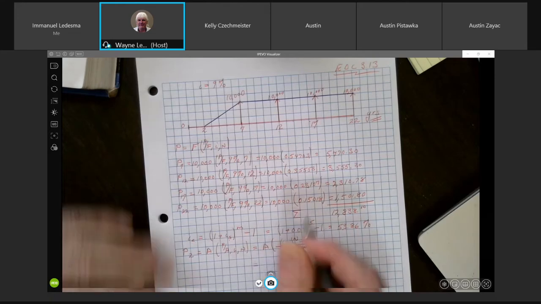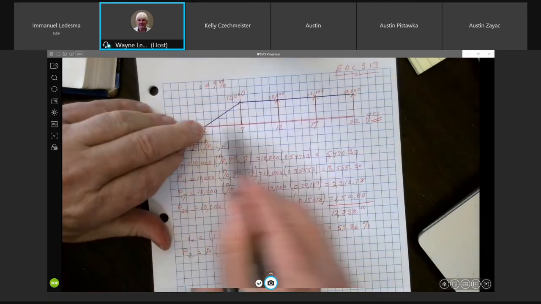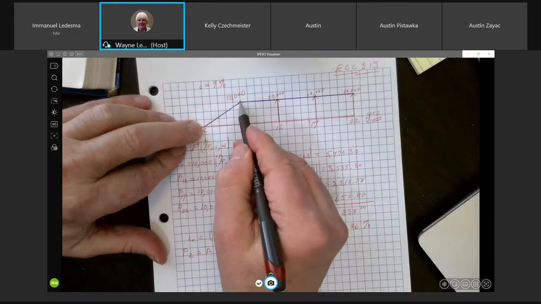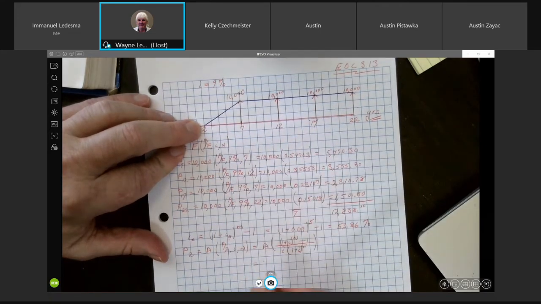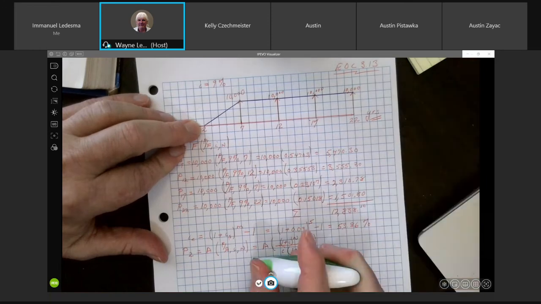So we have that. A, in this annuity here from year 2 to year 22, the amount is $10,000. So we're good there. I'm just going to drop that down a little bit so it won't be quite so crowded.